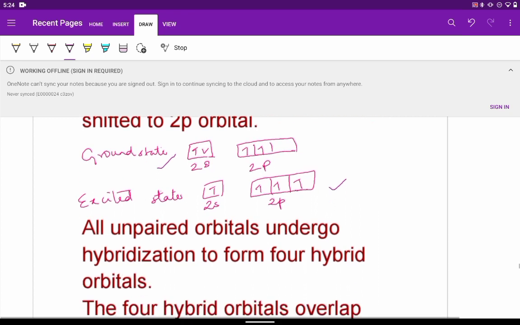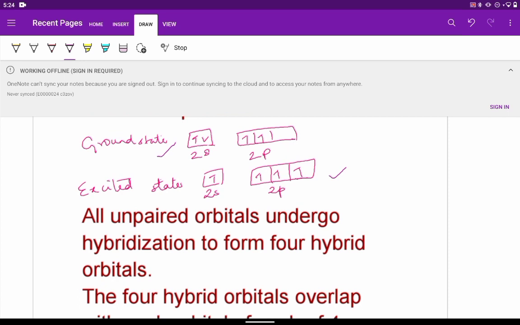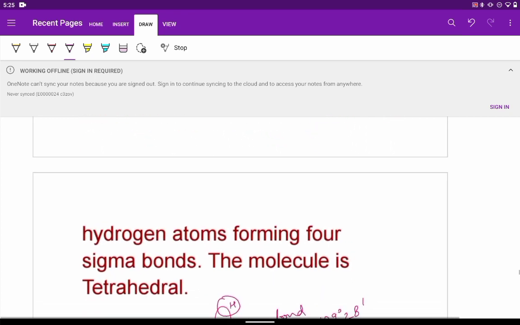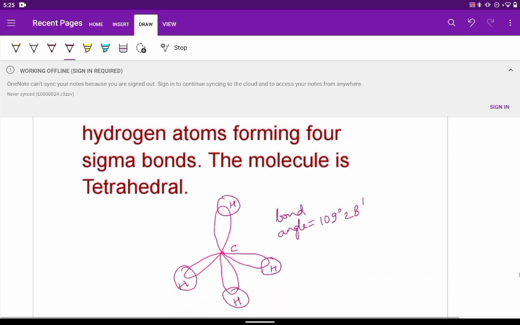All these unpaired orbitals undergo hybridization, so we get four hybrid orbitals, and these will be sp3 hybridized orbitals. These four hybrid orbitals overlap with the s orbital of each of four hydrogen atoms, and we get four sigma bonds.